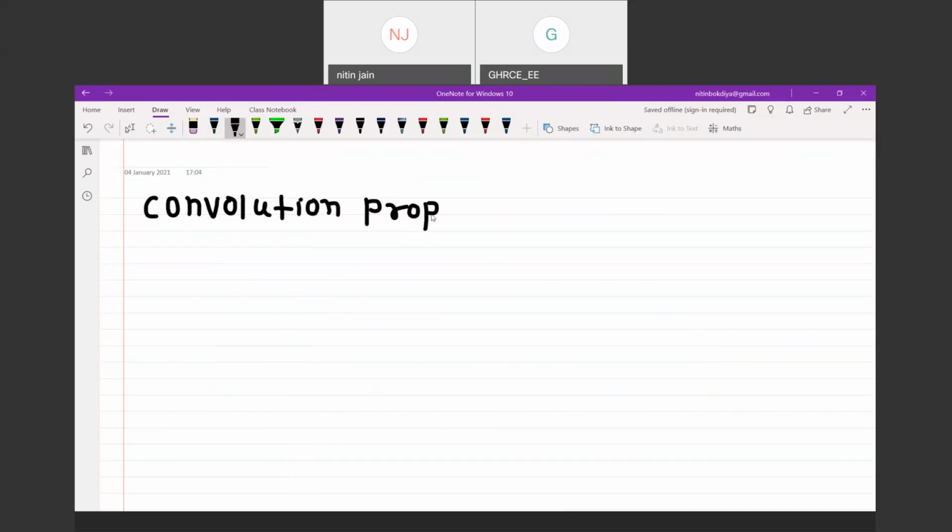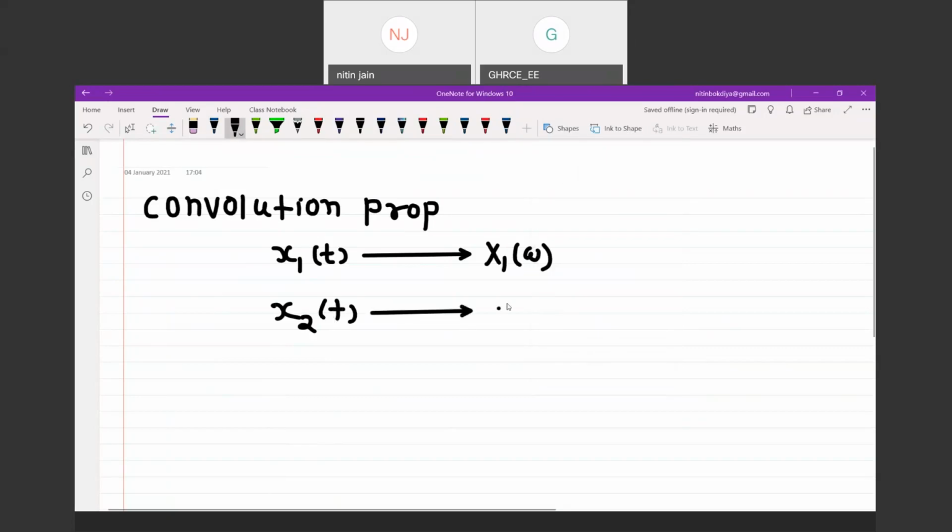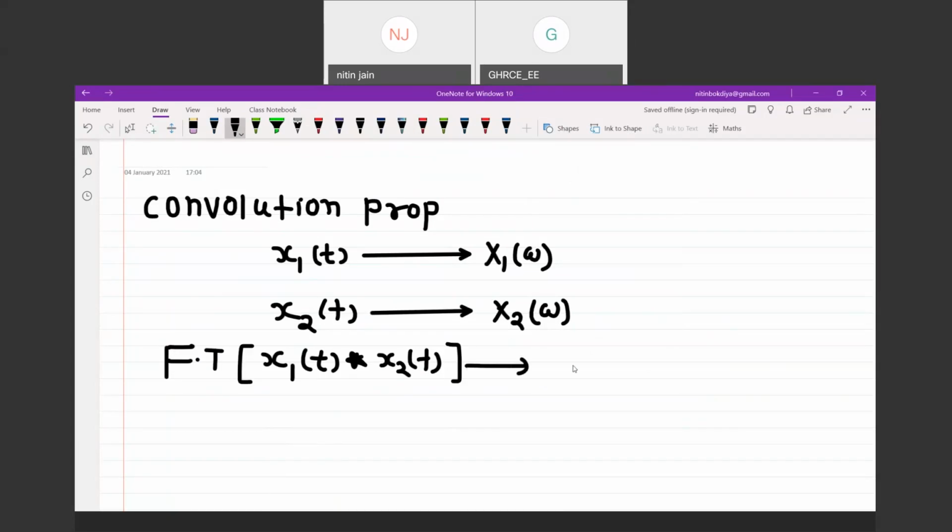Convolution property says that if x1(t) has Fourier transform X1(omega), and x2(t) has Fourier transform X2(omega), then the Fourier transform of x1(t) convolved with x2(t) is X'(omega), and I am interested in what X'(omega) will be.